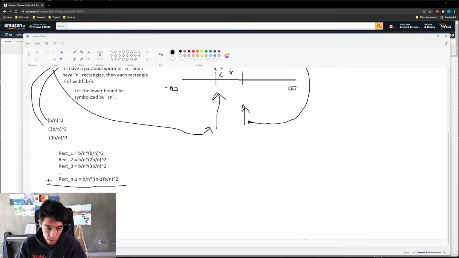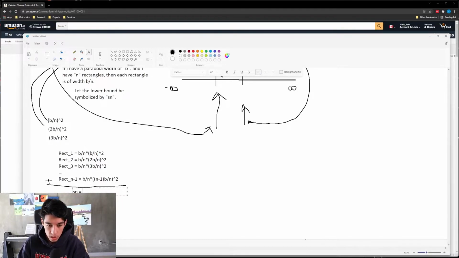Using our terminology, Sn, maybe I'll just write this out in text, equals the addition of all this. We can write this out quite literally: b over n, term 1 plus term 2 plus term 3, but that's quite exhaustive.